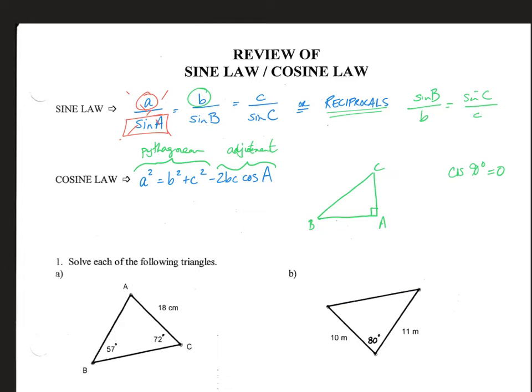Okay, now what we're going to do is we're going to start to change that cosine law, or that triangle, away from a right triangle. And so what I'm going to do then is I'm going to take angle A and I am going to make it less than 90 degrees. So maybe that's the location of C. So what I want you to do is just pick any angle for A that's greater than 0 but less than 90. So for instance, maybe I just punch in like, hey, the cos of 30 degrees. And when you punch that into your calculator, you'll notice you get a positive decimal value less than 1.